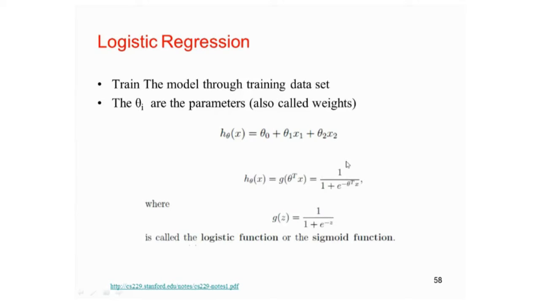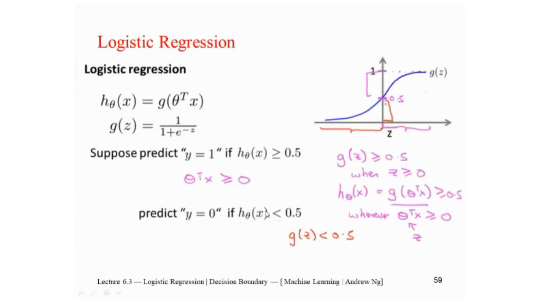You can use this function, and then you are generating the new hypothesis for this logistic regression, because this will produce the real value, but whenever you apply this sigmoid function, you will convert it into the binary through this formulation.